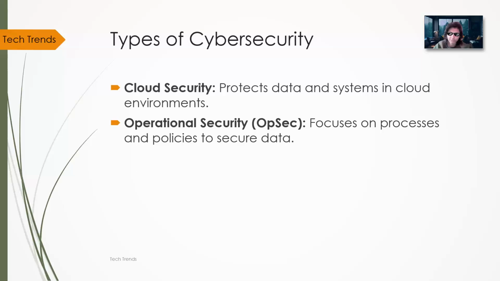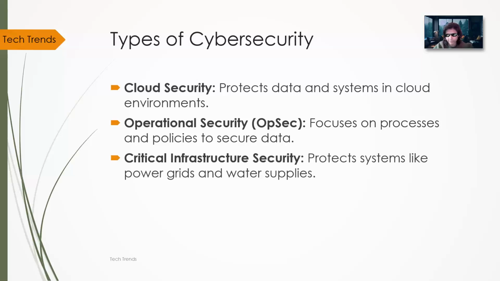Next is cloud security. Basically, any data or systems in the cloud environment are protected. Then is operational security, which focuses on all the processes and the policies to secure your data. Critical infrastructure security covers the systems or infrastructures that need to be protected, like your power grids and the water supplies nationwide.